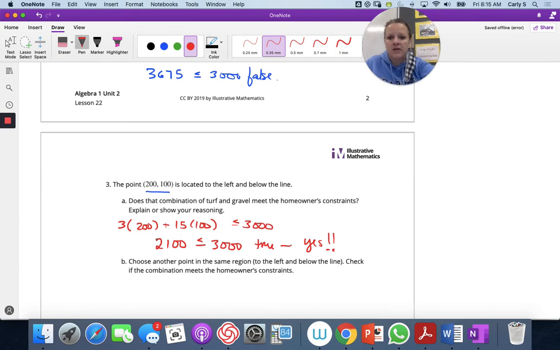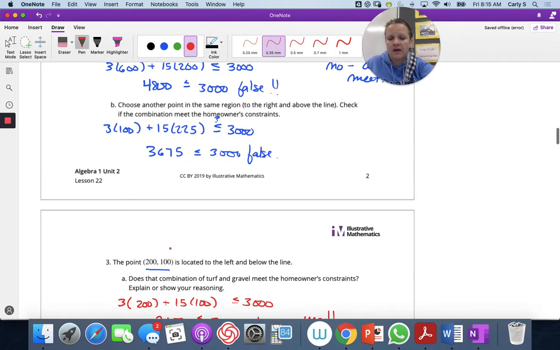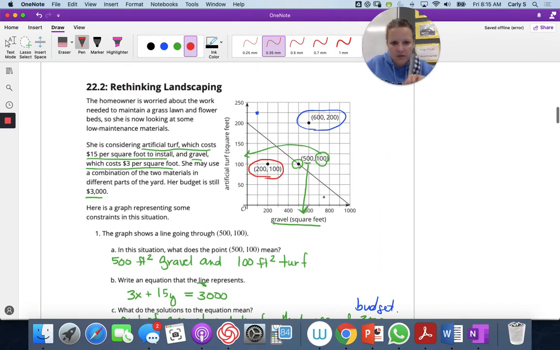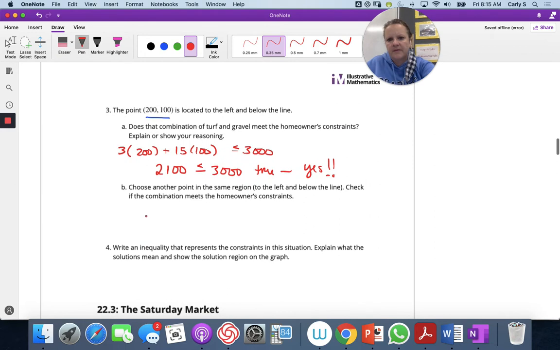Choose another point in the same region. Check if the combination meets the homeowner's constraints. Let's jump way over here. That would be 725, 700 and 25. So 3 times 700 plus 15 times 25.